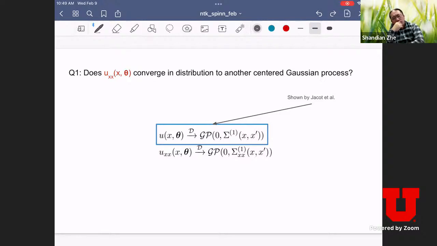It means convergence in distribution, but doesn't mean you have an infinite number of training points, or are you still assuming the neural network width goes to infinity? You're still assuming the width goes to infinity. And then the covariance function here should be determined by the NTK, right?